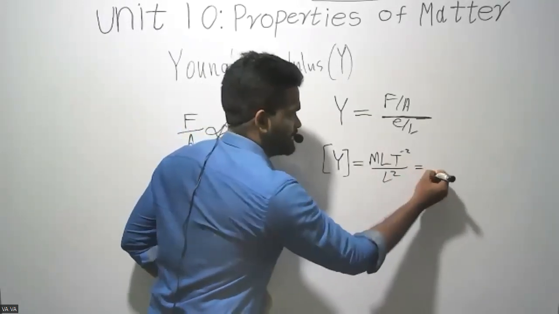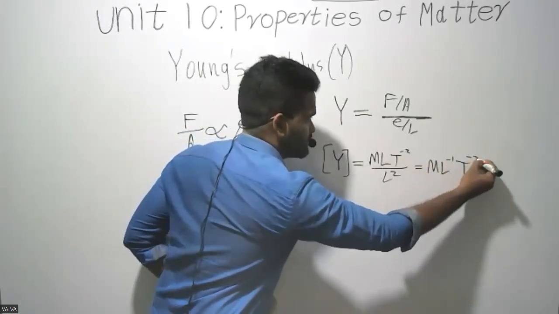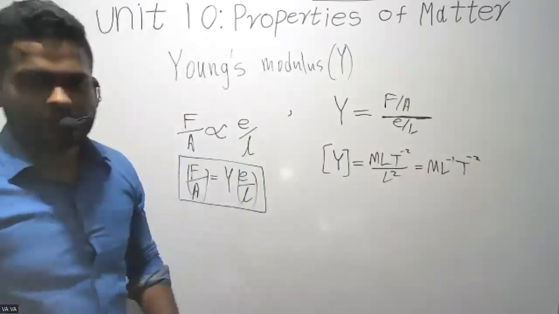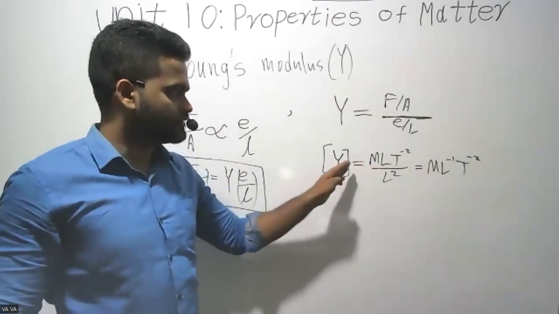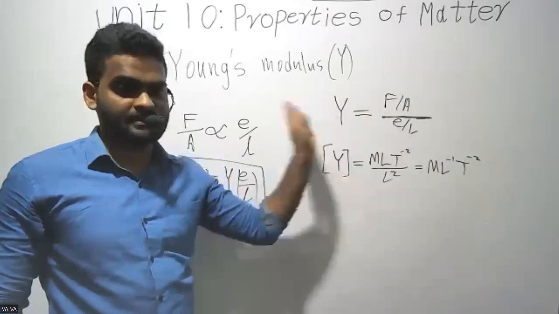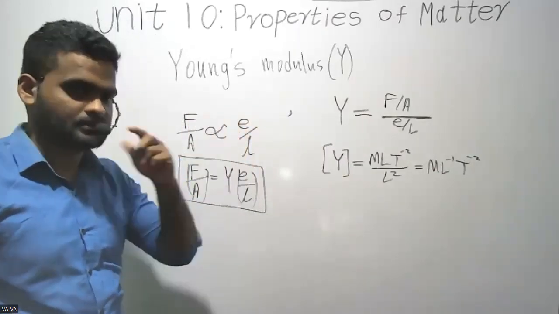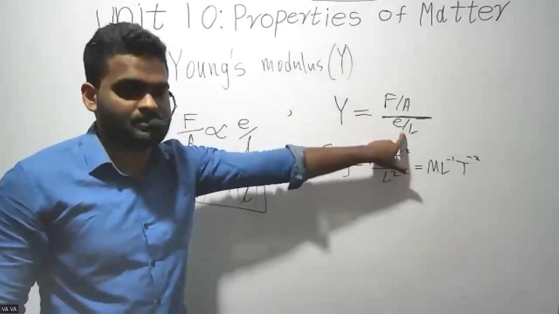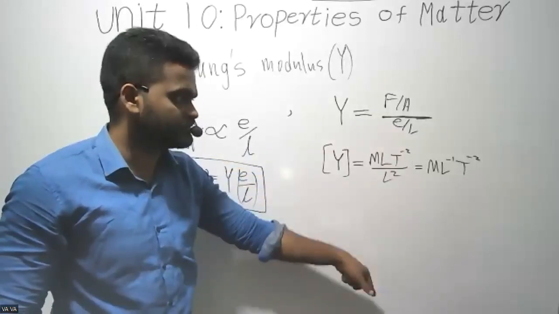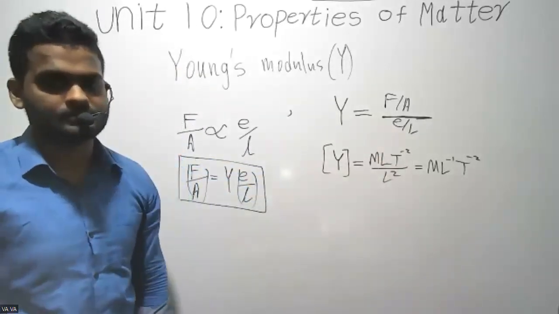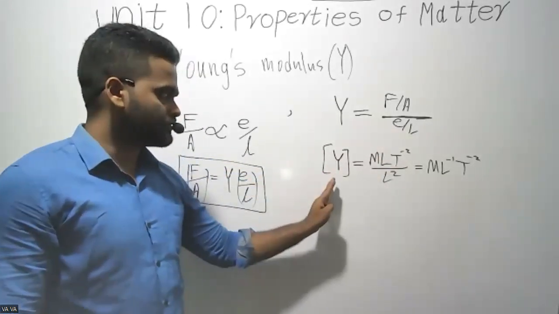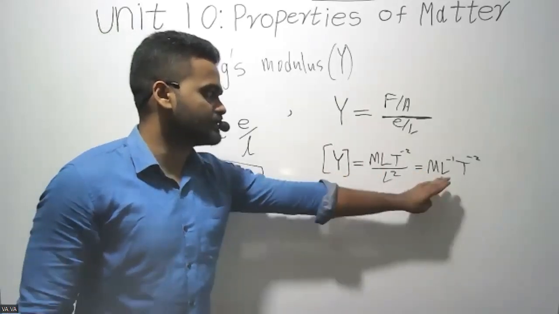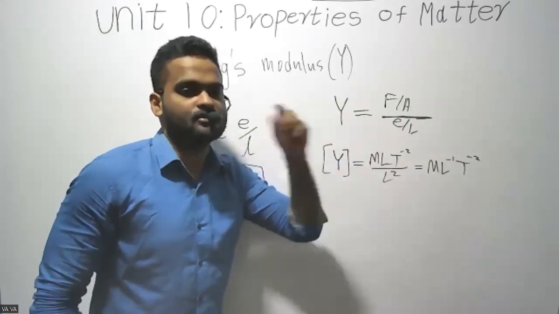So the dimension should be ML minus 1 T minus 2. This has the same dimensions as stress, because strain doesn't have dimensions; you just divide by 1, which doesn't make a difference. So the dimensions of Young's modulus are ML minus 1 T minus 2.